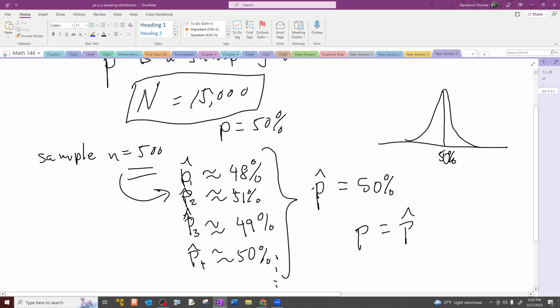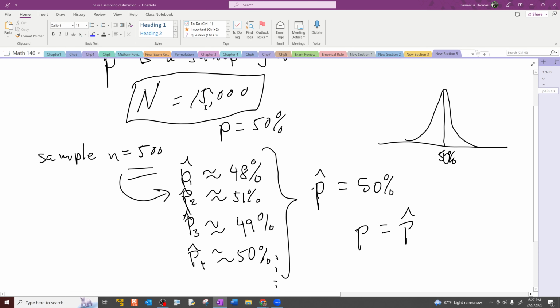Also, the distributions, as we check them, must be normal. So as we do another sample of 500 and another sample of 500, we're only doing samples of 500. There are an enormous amount of samples of 500.